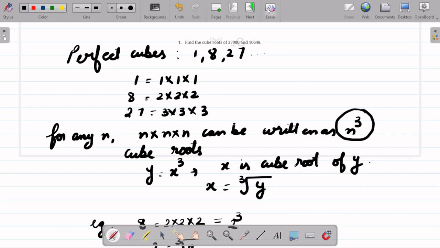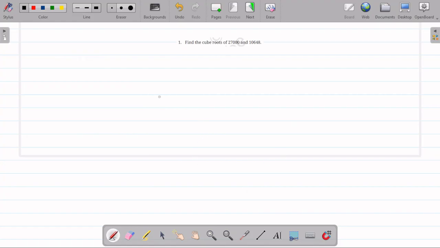I'm moving to the Figure it Out question number 1. Question number 1 is find the cube roots of these two numbers, 27,000 and 10648. So let's do it. We will do this question with the help of prime factorization, okay? So here we have 27,000.